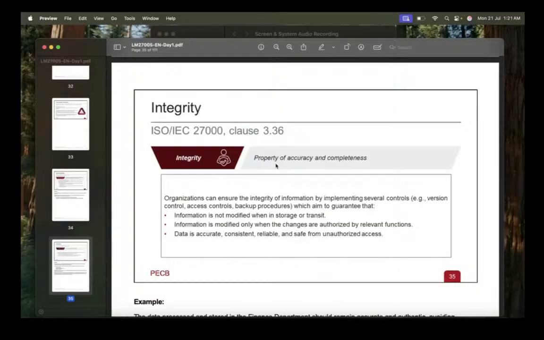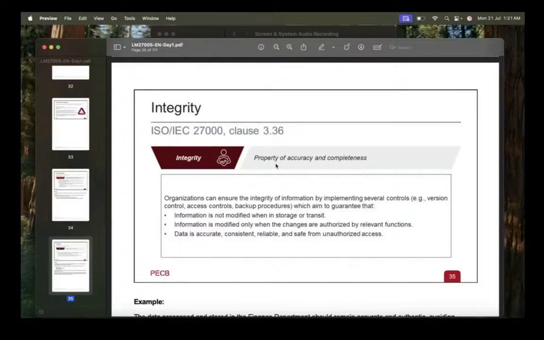What type of controls? Here you can note down a point that these controls are version control, access control, and backup procedures, which aim to guarantee these three main points. First, information is not modified when in storage or transit.